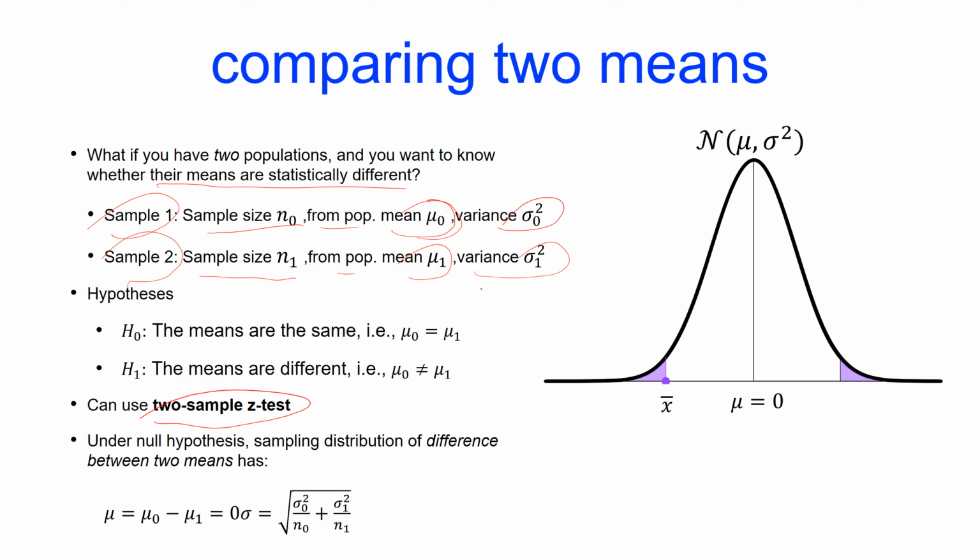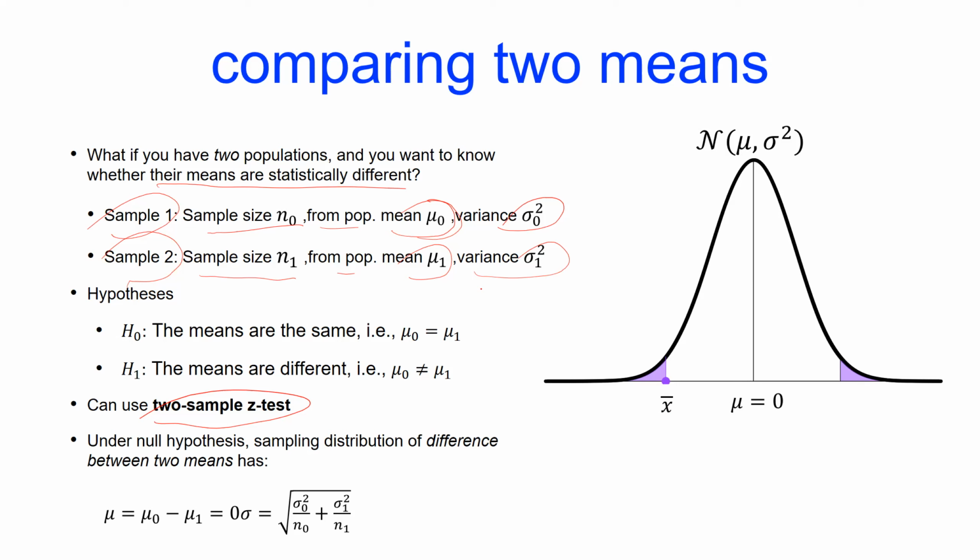So we care about the difference, whether the two things are similar or different, because large and small are both different. But if we say we only care whether this is larger than a certain value, then that will be one-sided. So in this case, we care about whether their means are statistically similar or different. It is still a two-sided case.